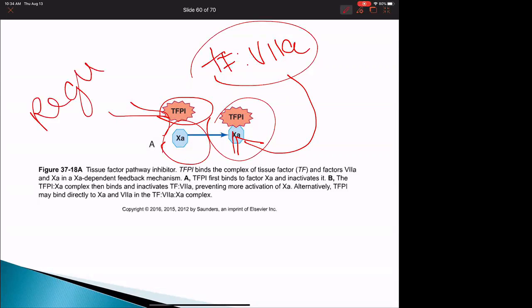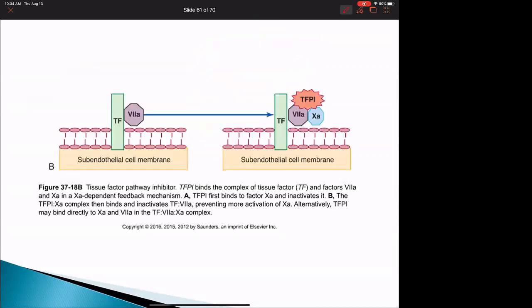So the other regulatory protein is your tissue factor pathway inhibitor. I mean, not the other, the same one, but this is how it works. I'm sorry, I meant to say another illustration. So here you have tissue factor pathway inhibitor, which binds to your activated factor 10 and activated factor 7 complex to prevent further activation of factor 10 via the tissue factor activated factor 7 complex.